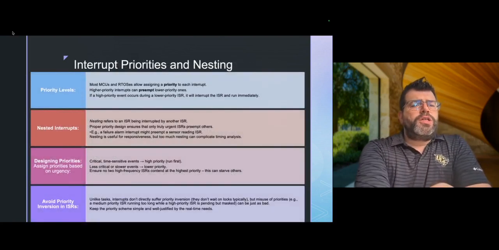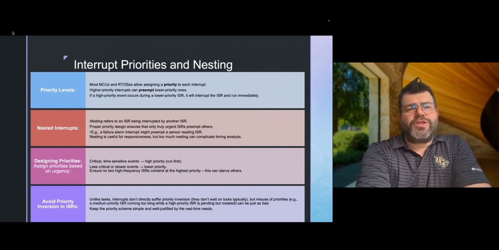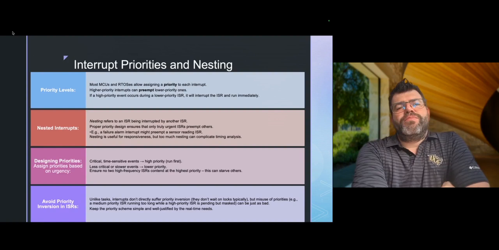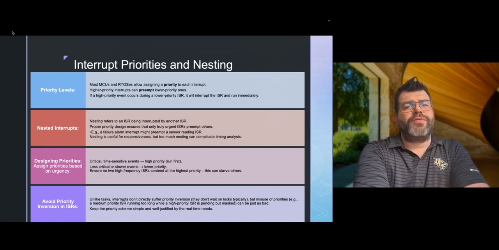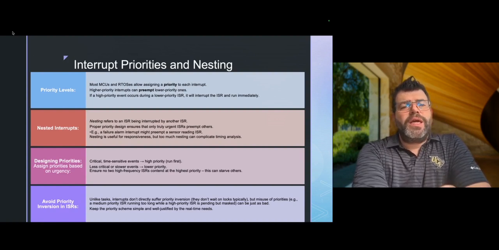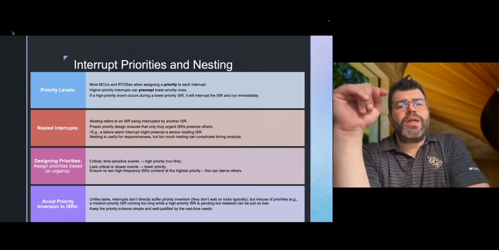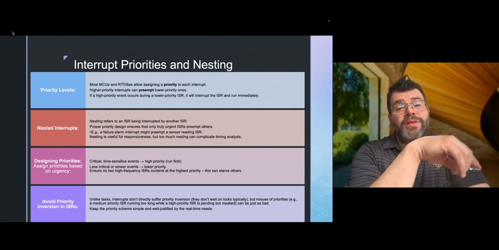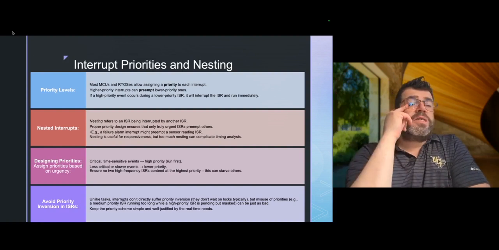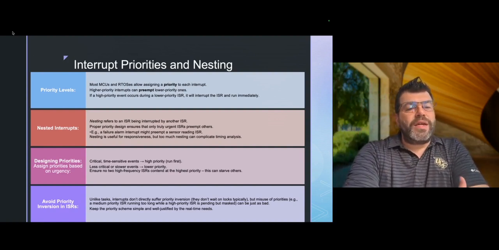Okay. So let's talk about interrupt priorities and nesting. Priority levels. We've seen priority levels when you talk about scheduling tasks, but same thing applies. We can assign priority levels to our interrupts. Higher priority interrupts preempt lower ones, and if there's a higher priority event that occurs during a lower priority one, it will interrupt the lower priority one and run immediately. So it works a lot the same way as tasks. Nested interrupts.